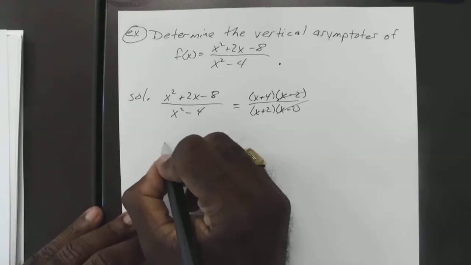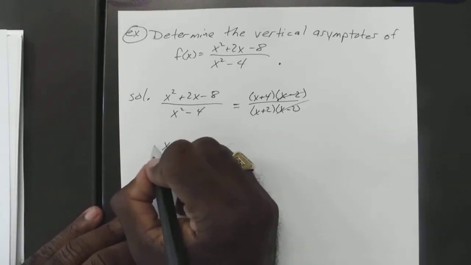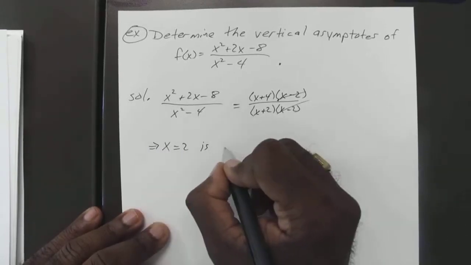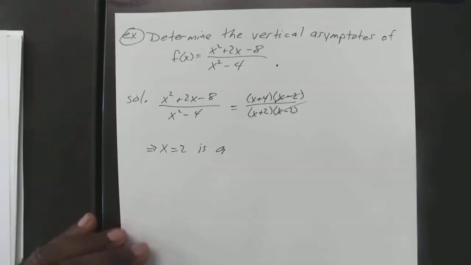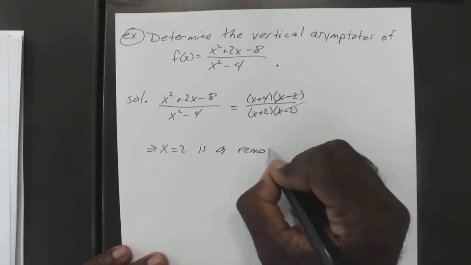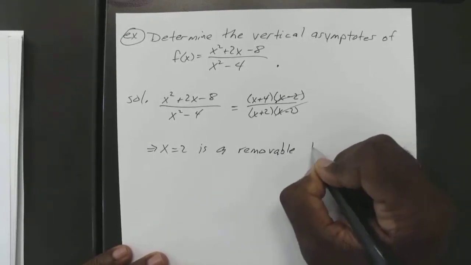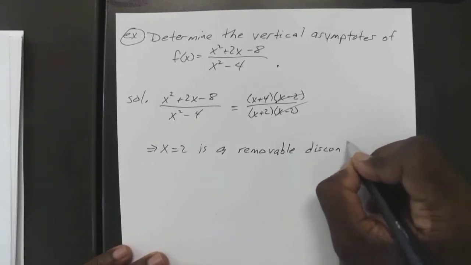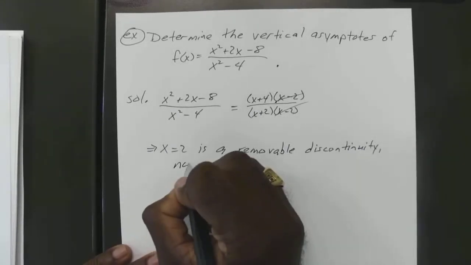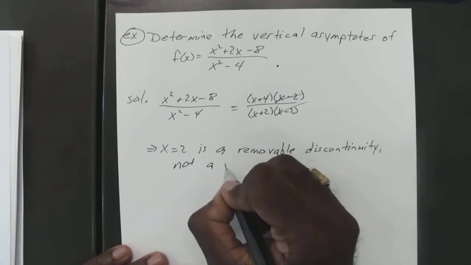Okay, now in this case, x equals 2 is a removable discontinuity. Remember, when that can be factored out and removed, it's a removable discontinuity. Not a vertical asymptote.